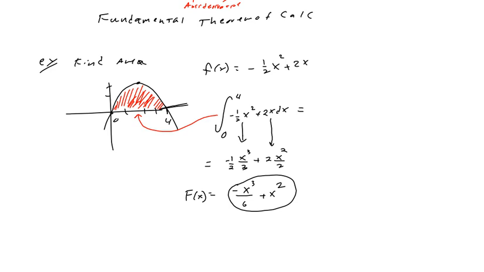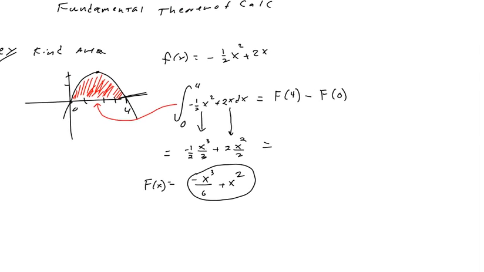So to find my area, I'm going to take capital F, plug in the b, which is my 4, minus the antiderivative plugging in the 0. I'm going to plug those numbers into my antiderivative equation, and that's going to give me the area.